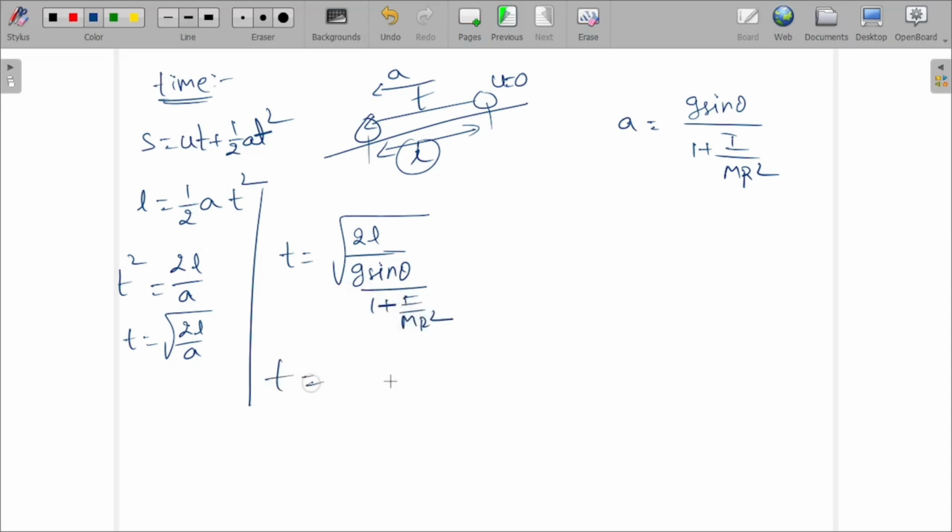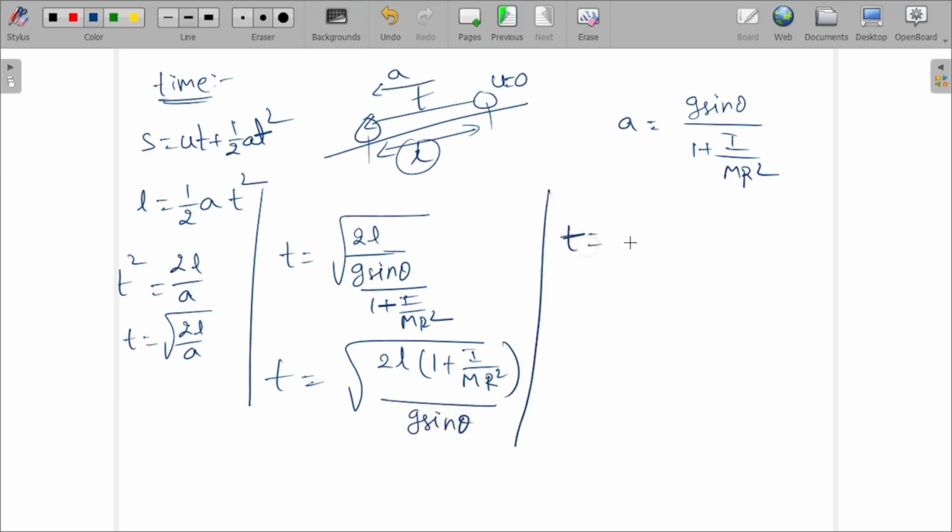So from this, t equal to root over 2L of 1 plus I by m r square by g sin theta.